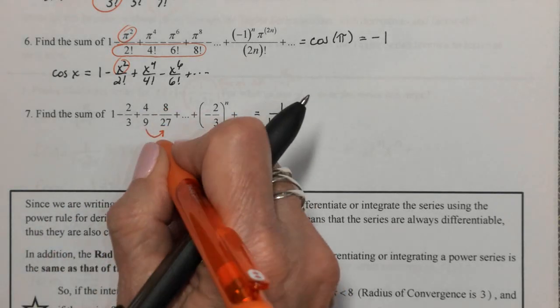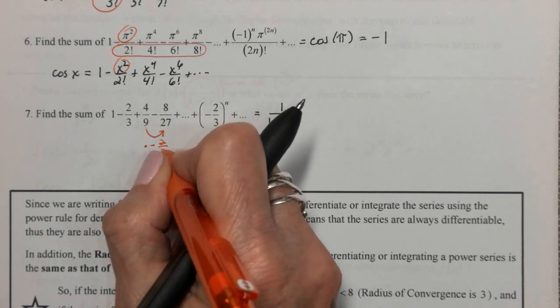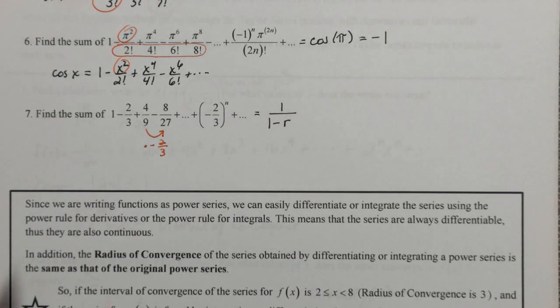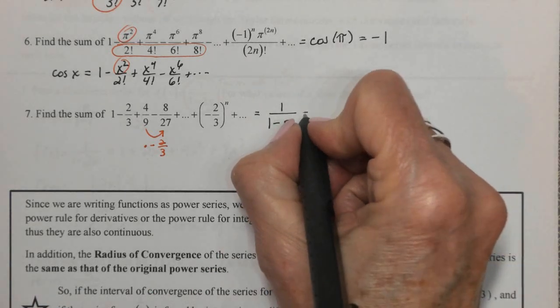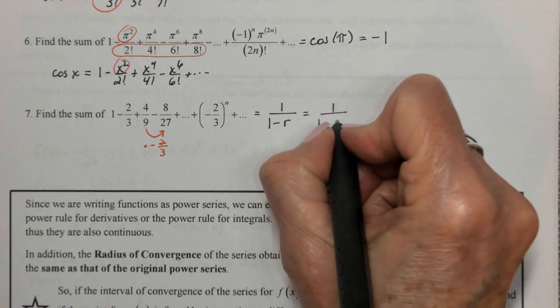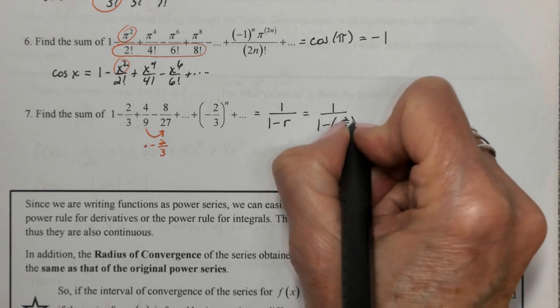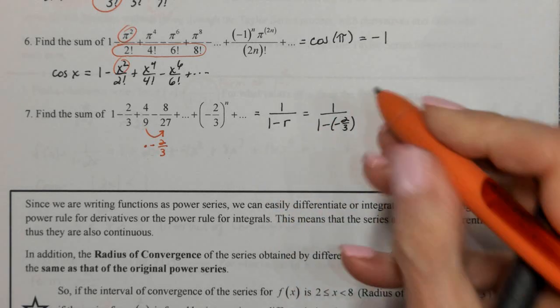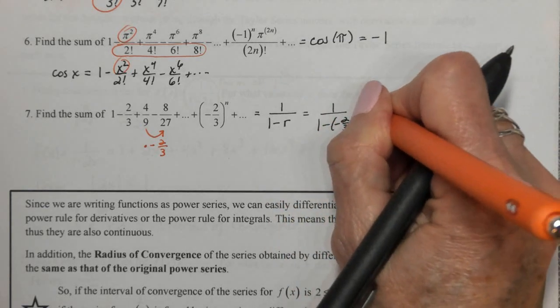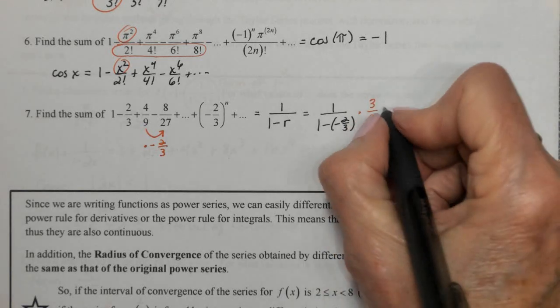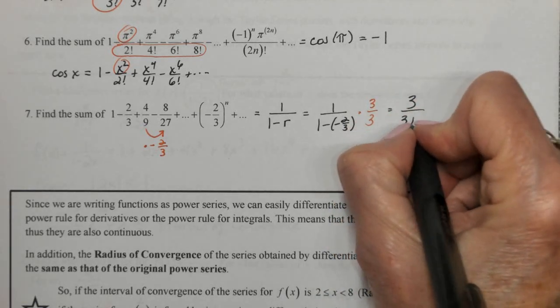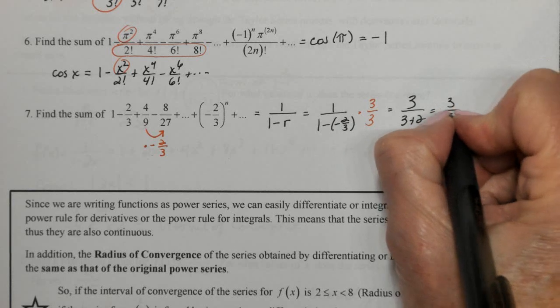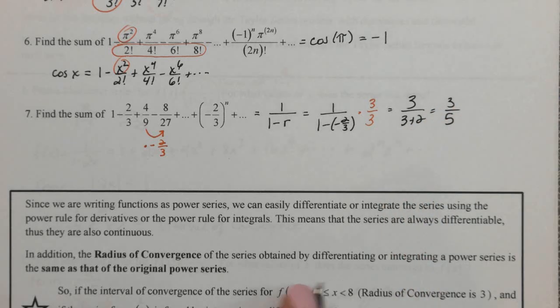On top I'm multiplying by a 2, on the bottom I'm multiplying by a 3. And that works for every term. So r here is negative 2/3. So 1 over 1 minus a negative 2/3. That would be a safe stop. Multiply top and bottom by 3 to get to our multiple choice answer.